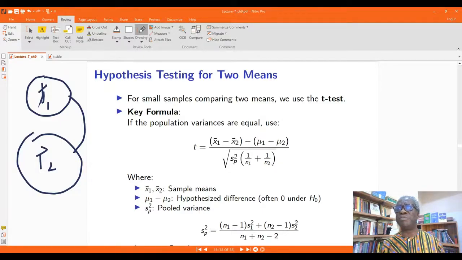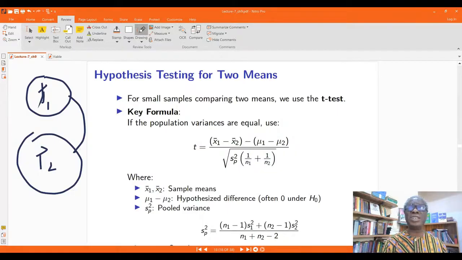We want to compare whether the average measure in population 1 is the same or different from the average measure in population 2.